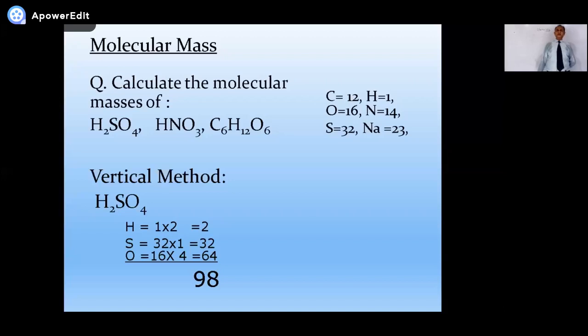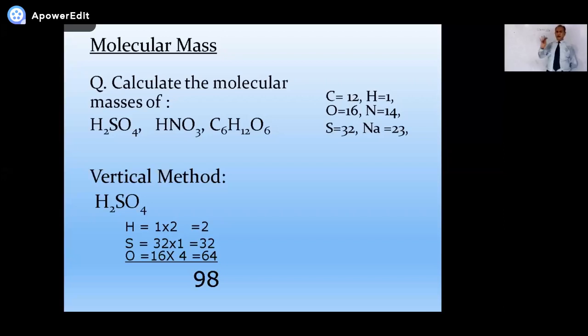Next is sulfur. What is its atomic mass, from the table? 32. How many sulfurs? 1. 32 ones are 32. What is the atomic mass of oxygen? 16. How many oxygens? 4, in H2SO4. 16 fours are 64. Just add them: 2 plus 32 plus 64, 98.